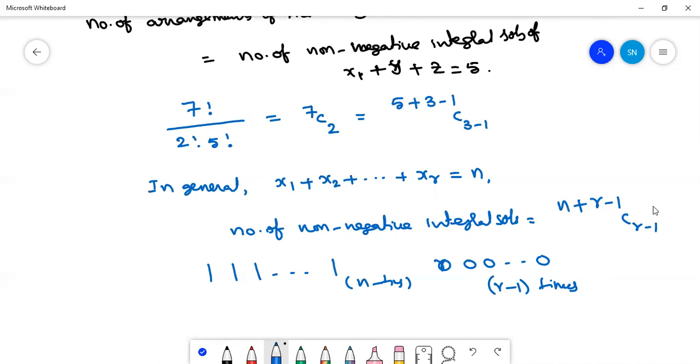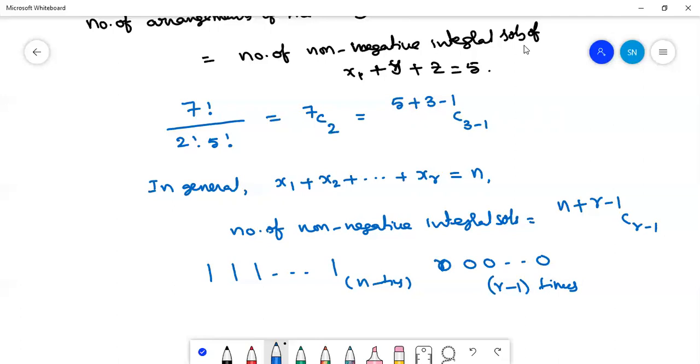So finally you will get (n plus r minus 1) C (r minus 1). This is also a pretty good method, and very interesting. It is very difficult to calculate manually one after another, but the simple idea gives the entire combinatorics of this summation.